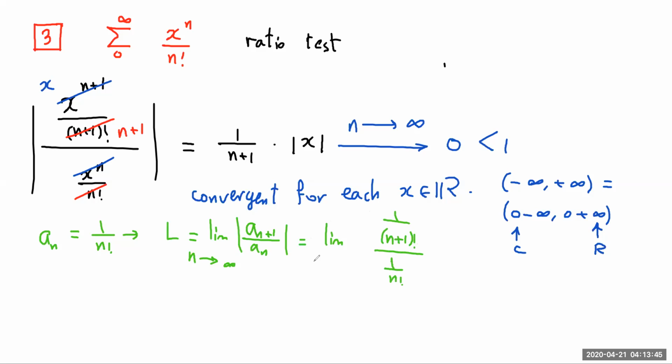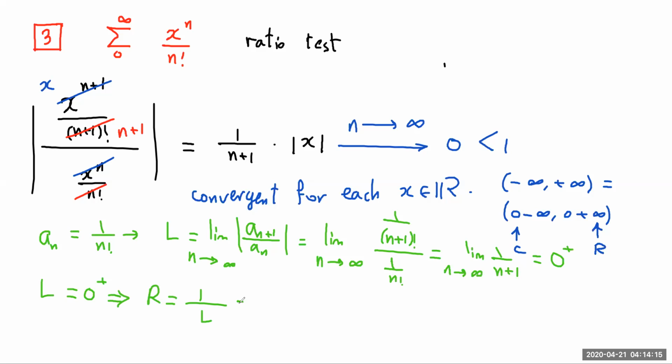I don't need to write absolute value because it's positive. After deleting, it's the limit of 1 over n plus 1 when n goes to infinity. So this is 0, so L equals 0. Using my rule, R is 1 over L. L is 0 positive because this number is always positive, so R is plus infinity.